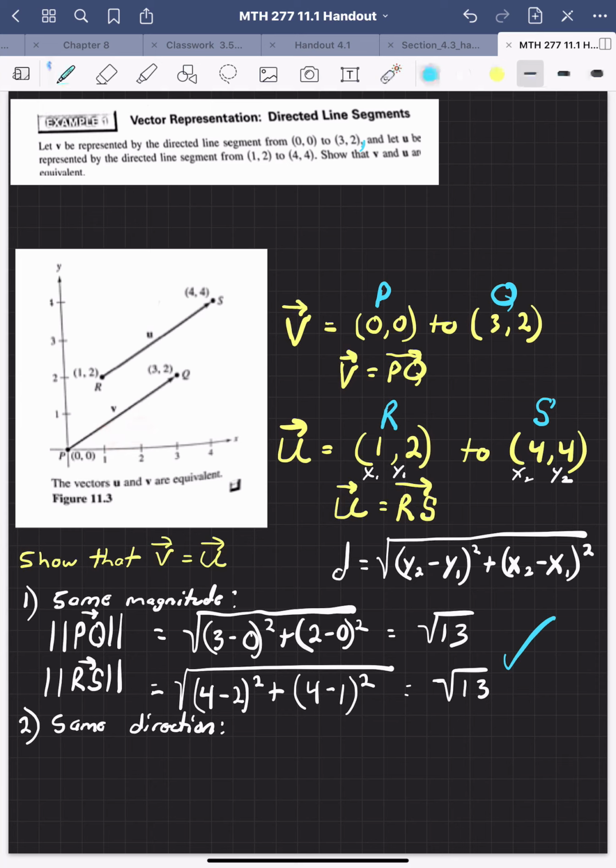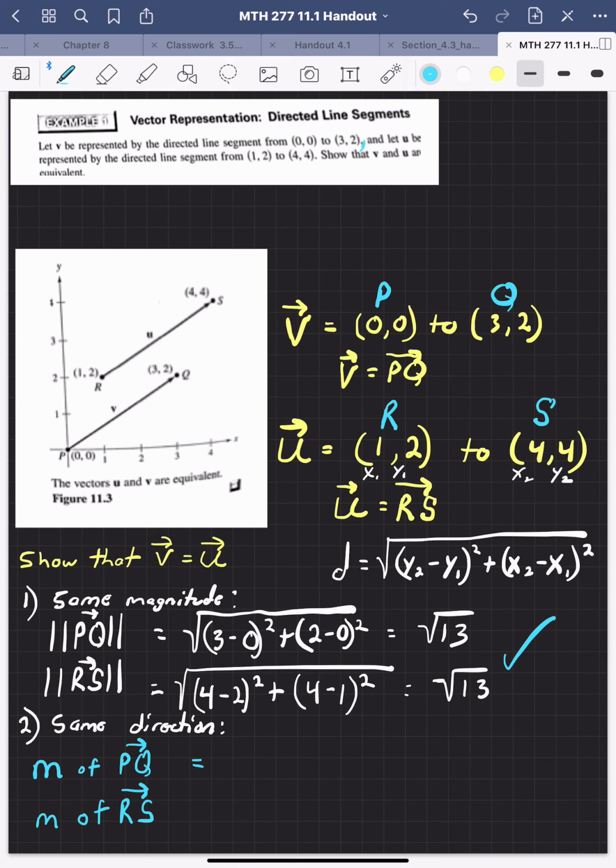All we're simply stating is we want the slope of P to Q, and we want the slope of R to S. And you know how this works. If you give me 2 points, I can find you a slope. That's easy enough.